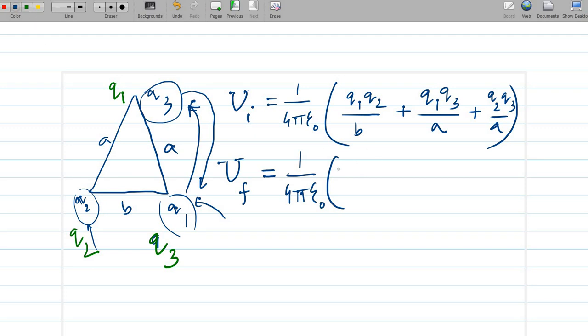So first bring in Q3, then in the presence of Q3 you have Q1, so Q3 Q1 divided by A. Then in the presence of Q3 and Q1 you bring in Q2, so Q3 Q2 divided by A plus Q1 Q2 divided by B.